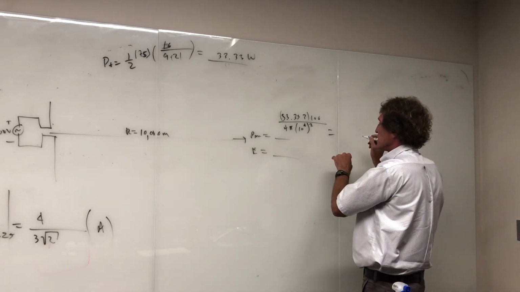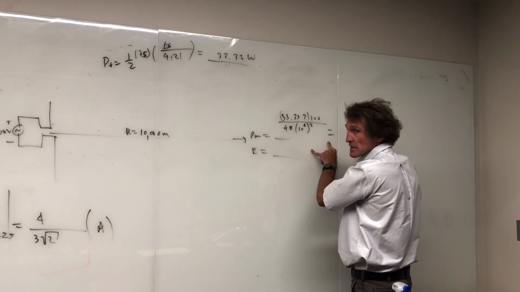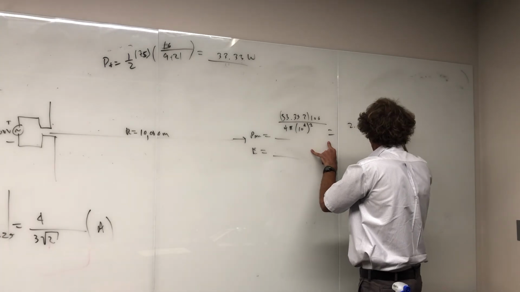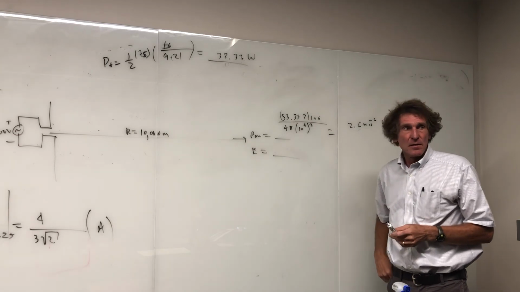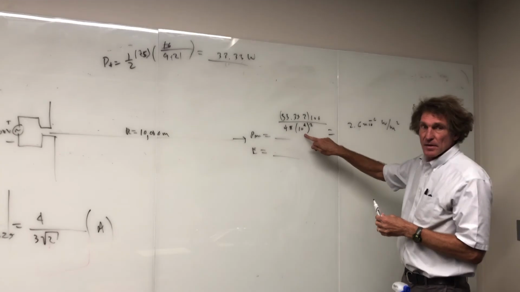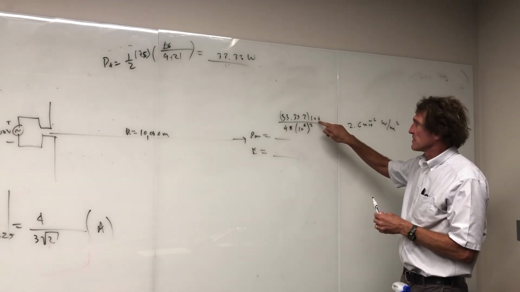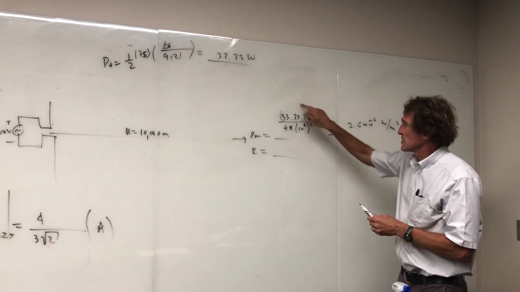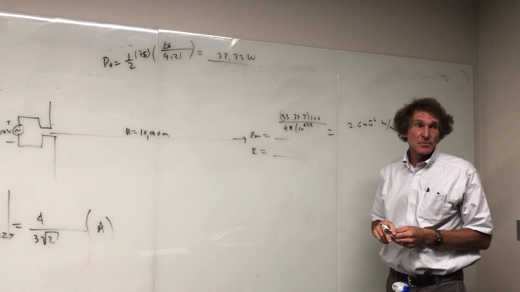Is that nano for real? 2.6 milli. Say it again. I got 2.6 micro, 2.6 times 10 to the minus 6 watts per meter squared. That's reasonable. Is that what you got? I got nano, or 26 nano. I got micro. Well, look, that's 10 to the 8th, right? 10 to the 4th squared is 10 to the 8th. Upstairs 10 to the minus 8th times 10 squared is going to be 10 to the minus 2, right? I got 10 to the minus 2 times whatever's in front of there. It looks like it's micro. That's what it looks like to me.